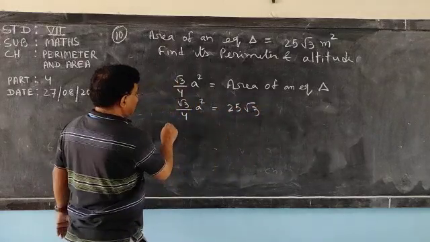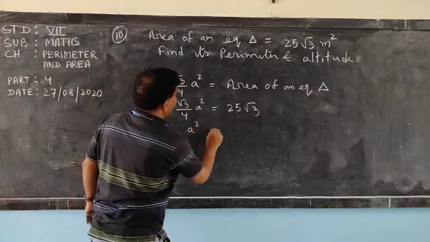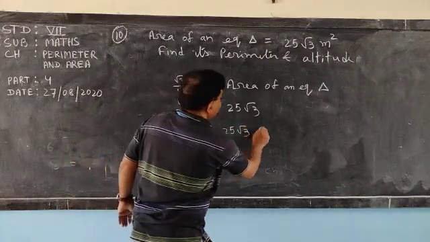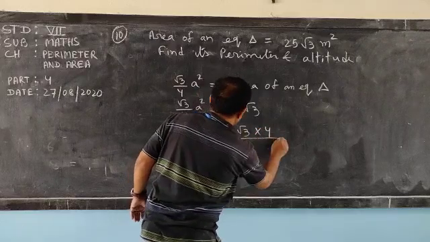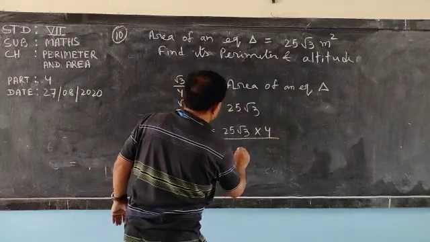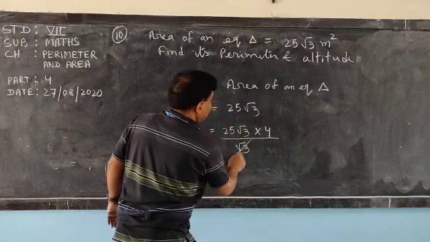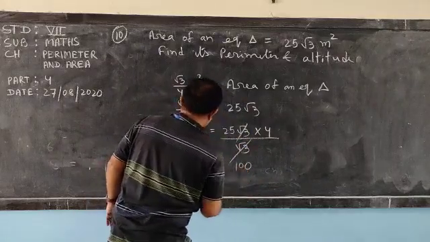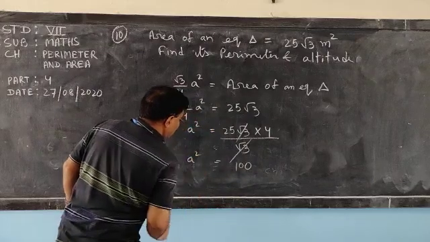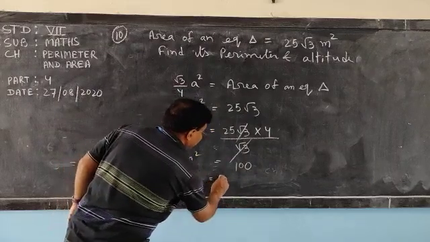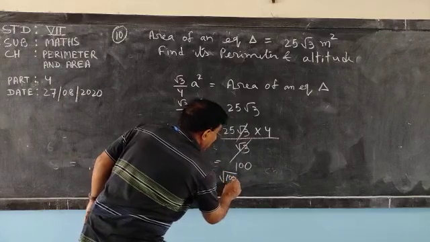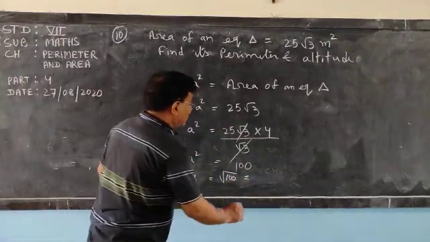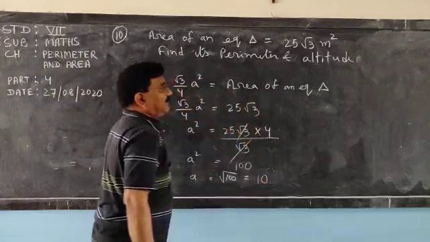Keep a square here only. A square is equal to 25 root 3 into 4 by root 3. Root 3 cancel. 25 fours are 100. A square is equal to 100. Then a is equal to root over 100, and 10 into 10 is 100, we are knowing. So side will be 10 centimeters.